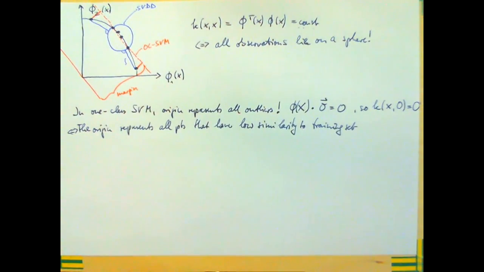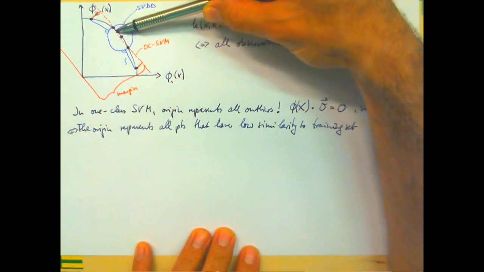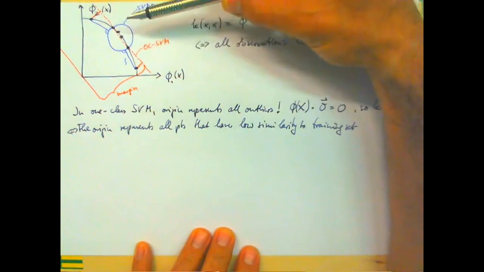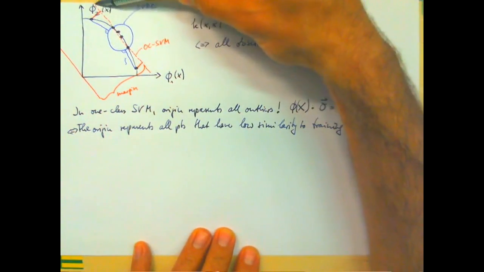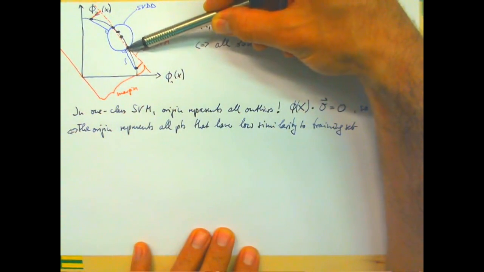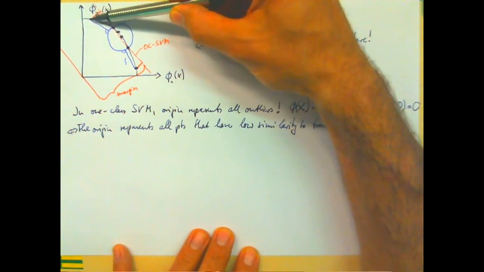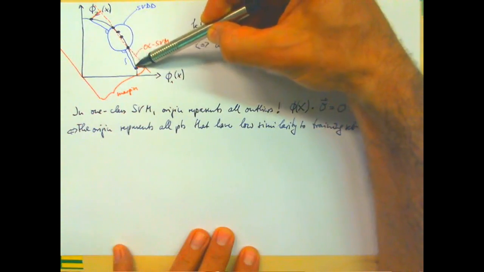So you see that the hyperball, the blue object here, took these points as inliers and the rest as outliers, and the hyperplane also kept these points as inliers and the rest as outliers. And again, remember that all outliers must also lie on a sphere because we're using a translation invariant kernel here.